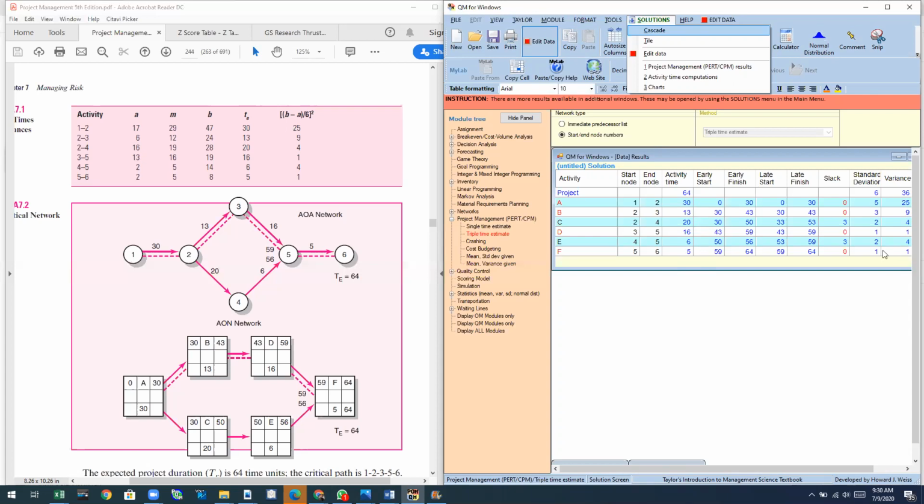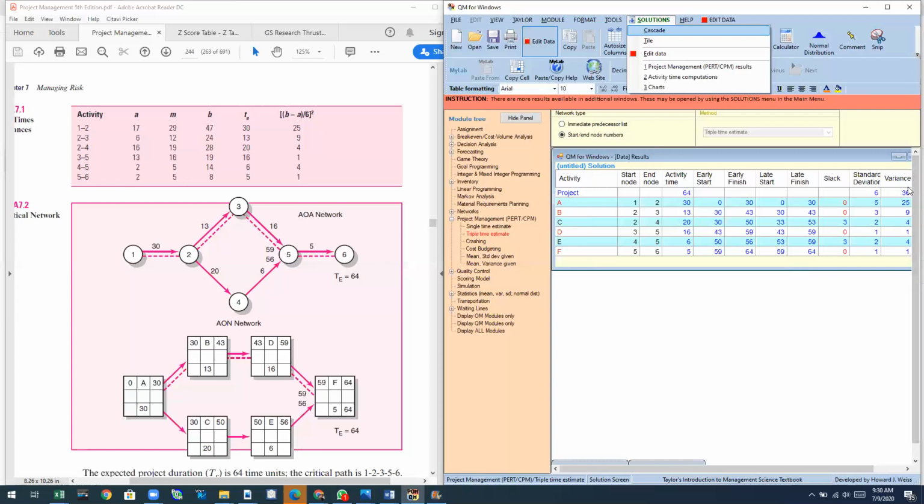Okay. Now, the variance for the overall project would be the total of variance for the critical activities. Critical activity is activity A, B, D, and F. So the total variance for the critical activities is 25, plus 9, that's 34, plus 1, that's 35, plus 1, that's 36.